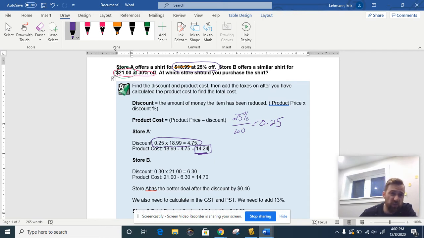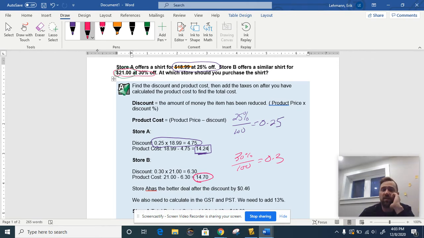We'll do the same thing with store B. We have 30%, so 30% divided by 100 equals 0.3. Then we multiply by 21 to get a discount of $6.30 and a new price of $14.70. So store A has a better deal.